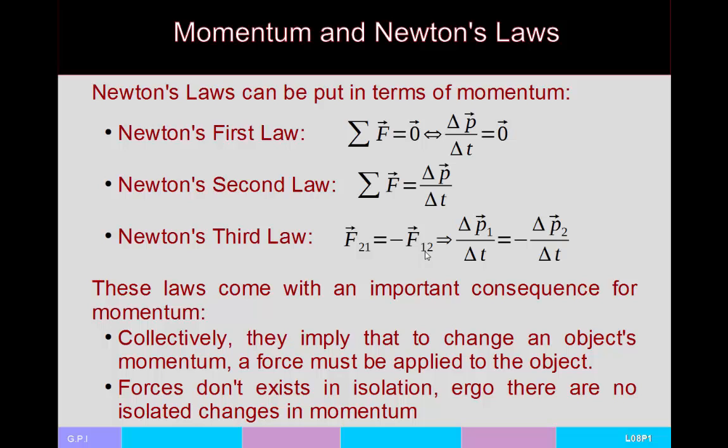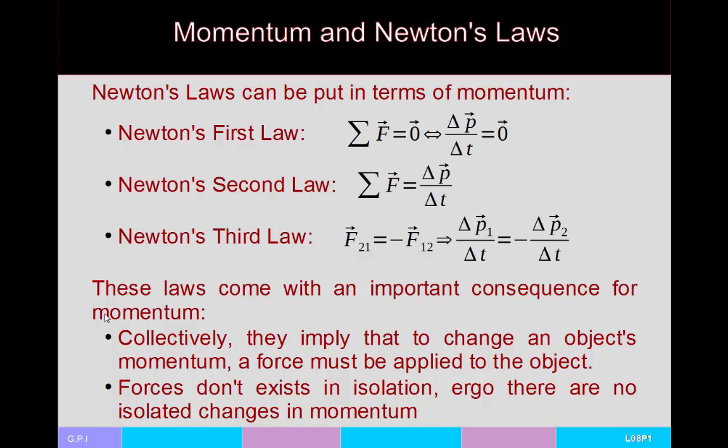And then we say, okay, in a given interaction, maybe object 1 and object 2 apply a force on each other. That means that object 1 will have a change in momentum due to that force from object 2, and object 2 will have a change in momentum due to that force from object 1. And that change in momentum per unit time is of equal magnitude in opposite direction.